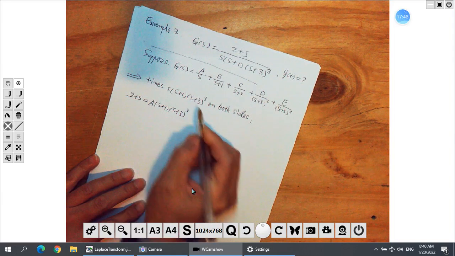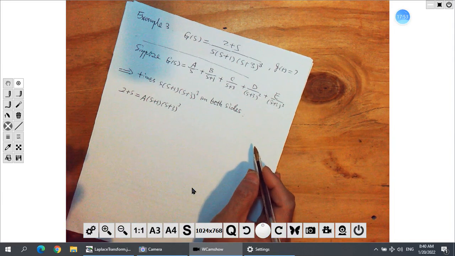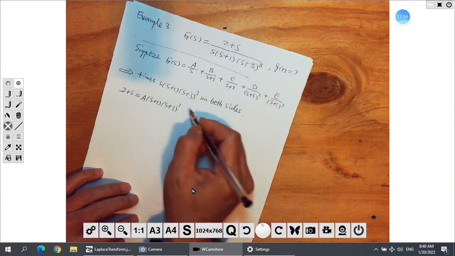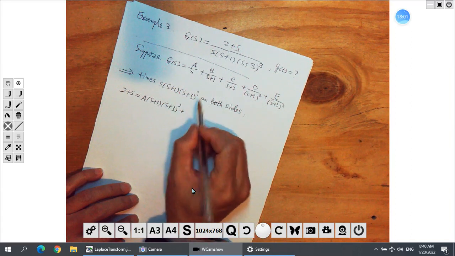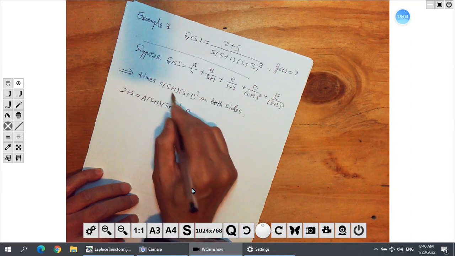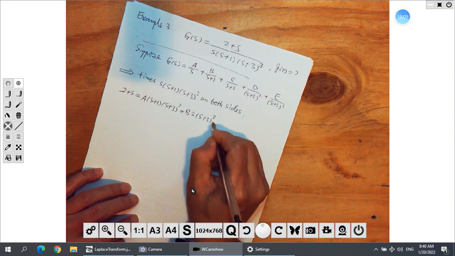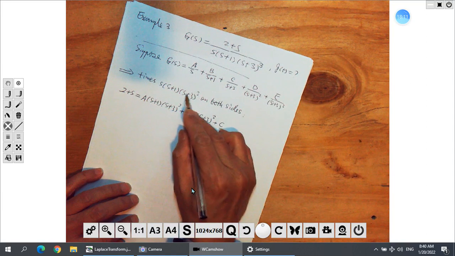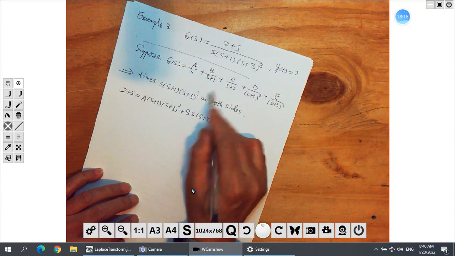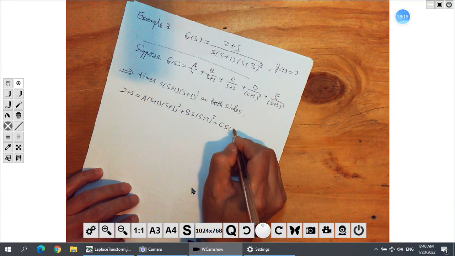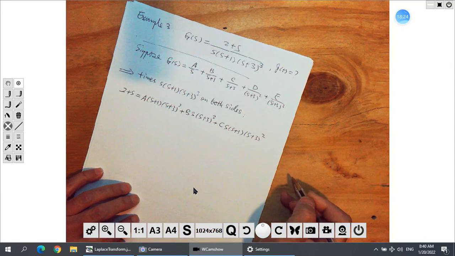Here you need to be careful because these powers make things not exactly the same as previous examples. The second term gives B times s times (s plus 3) cubed. For C, only one s plus 3 cancels, since the power is 3, so you have another 2 left: (s plus 3) squared.